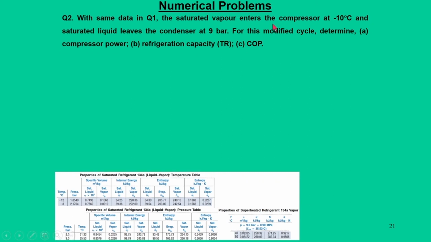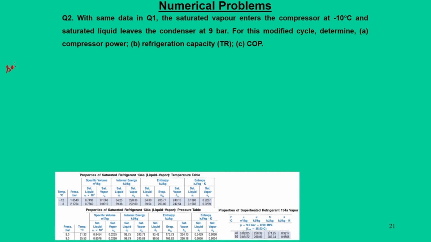We have changed the problem so that the saturated vapor enters the compressor at minus 10 degree centigrade, whereas your cold region temperature is 0 degree centigrade, but the refrigerant is now below this. So, minus 10 degree centigrade, and the saturated liquid leaves the condenser at a pressure of 9 bar. This saturation pressure at that point is higher than the hot region temperature. So, for this modified cycle we have to evaluate the same things.